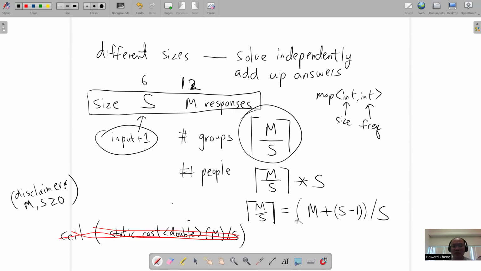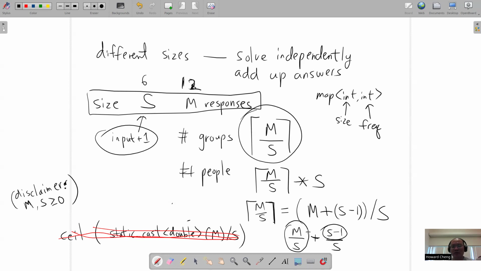Okay, so why does this work? Mathematically, the way I write it is something like this. When you divide here, if M has a remainder that is not 0, any remainder, when combined with S minus 1 here, will push this to at least S over S. So if this is a little remainder, even if it's just 1, this will push it over to S over S, which will then push it up by 1.